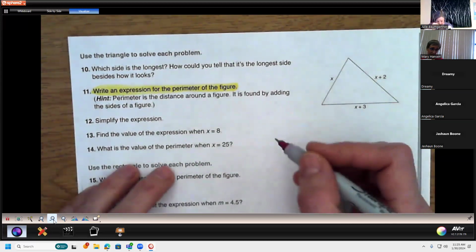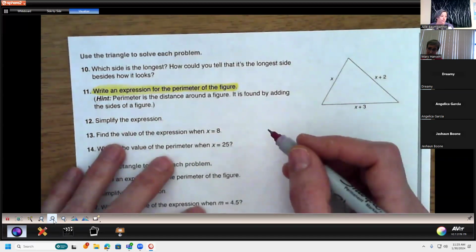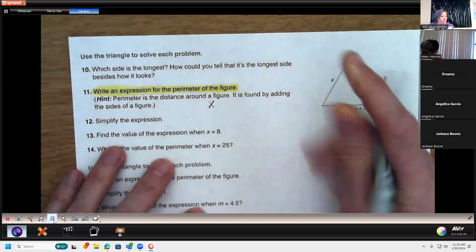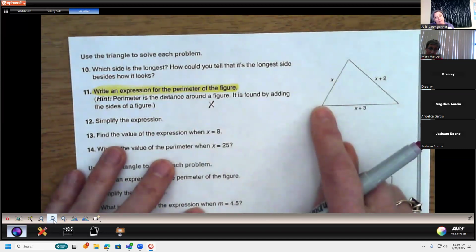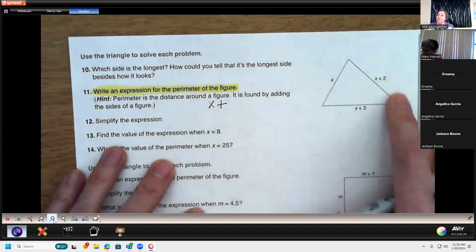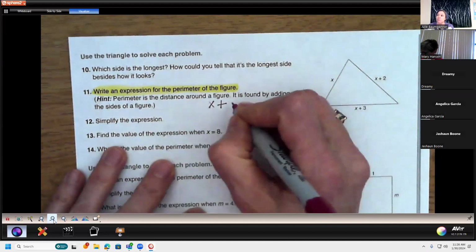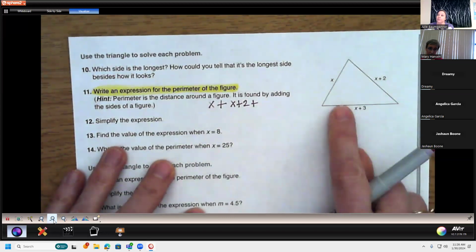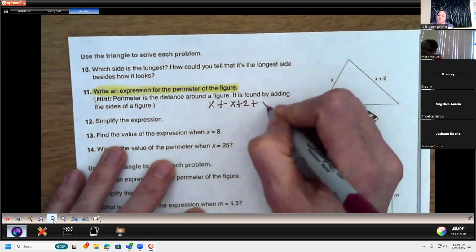It's not very satisfying because you don't know what this is and what that is, but we want a fencing that's whatever this length is plus whatever this length is plus whatever this length is.